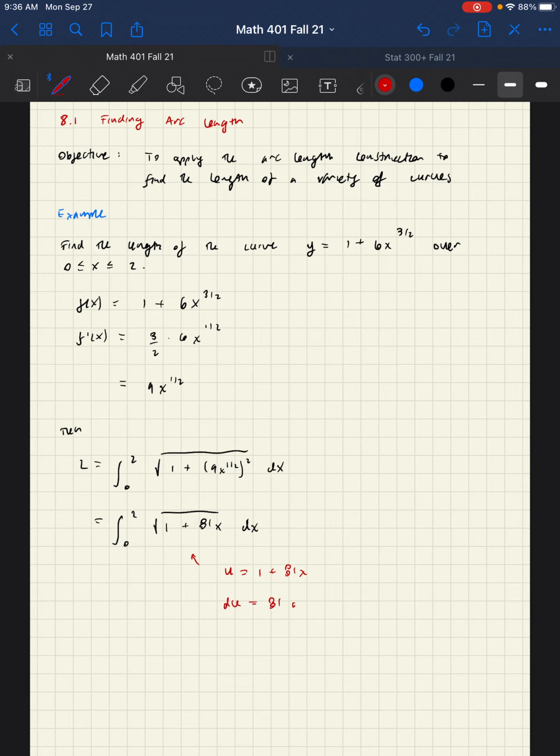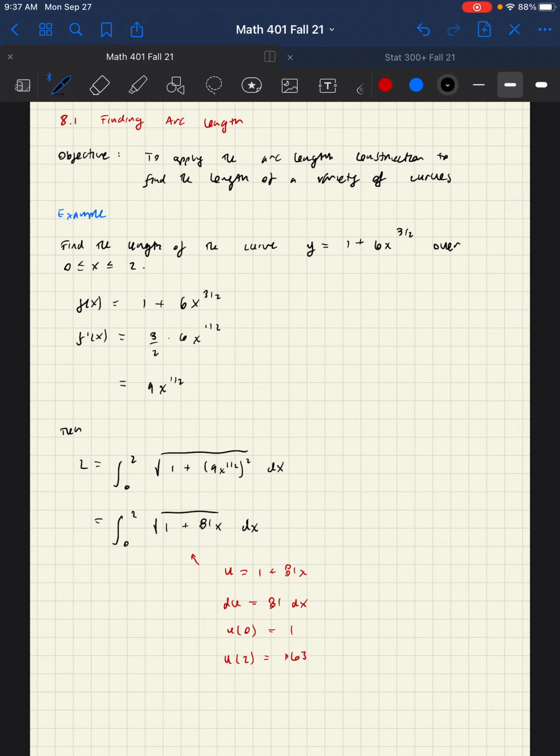linear function of x. So what we might find helpful is letting u be 1 plus 81x. du will become 81 dx. So when we replace that back in, we're going to divide by 81. And we can go ahead and change the limits of integration already if we want. So u of 0 becomes 0 times 81 is 0 plus 1.